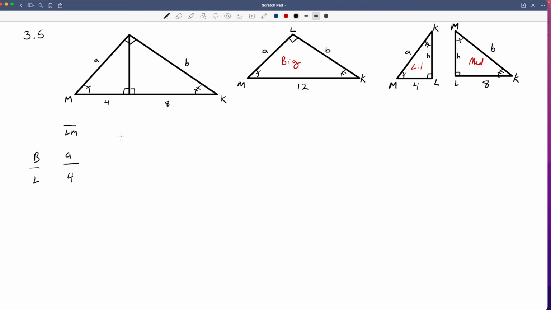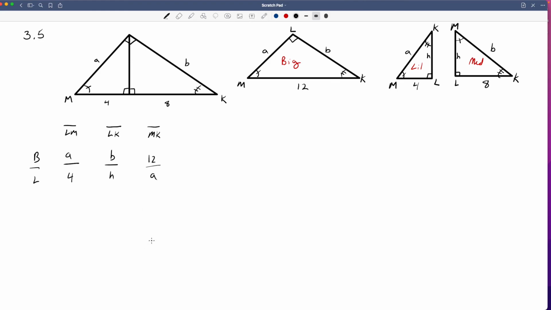All right, and if I have, let's see, LK, on the big one, that's B, and on the little one, LK is H. And then I only have one left, and that's MK. And on the big one, MK is 12. And on the little one, MK is A.